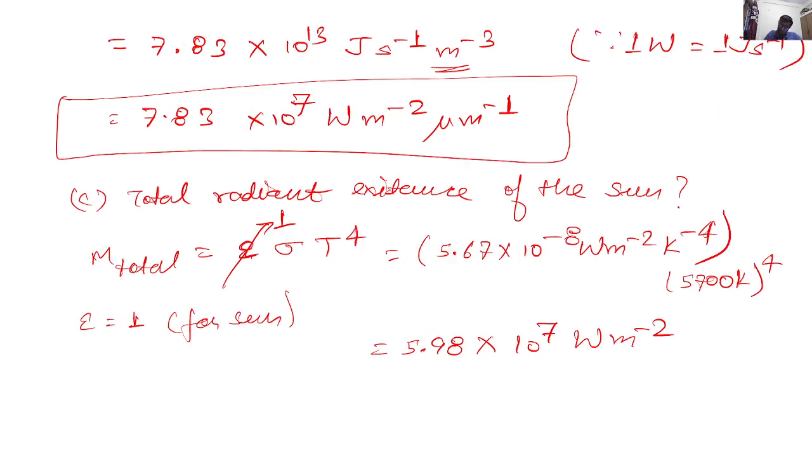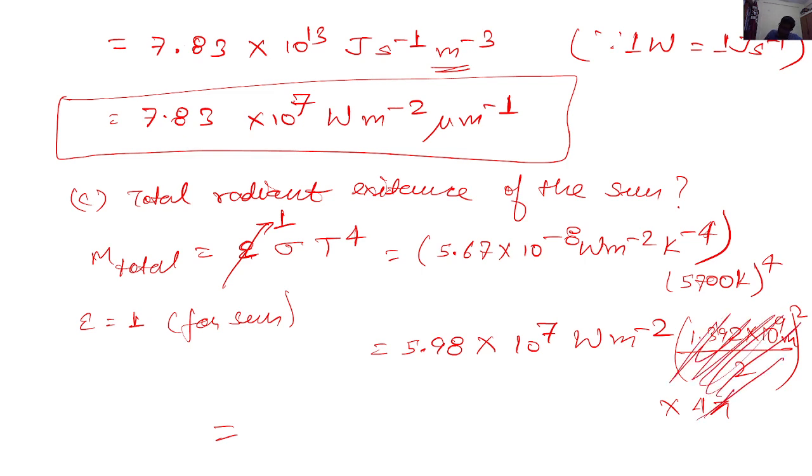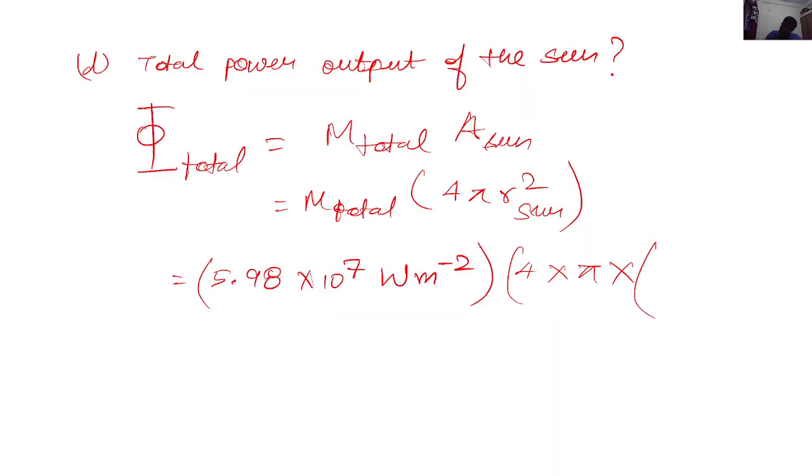So 4 pi into 1.392 into 10 power 9 meter by 2.